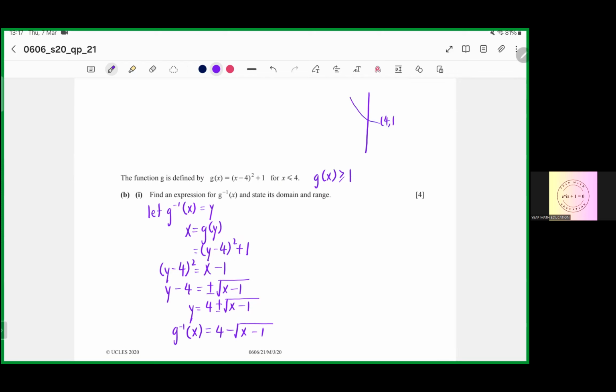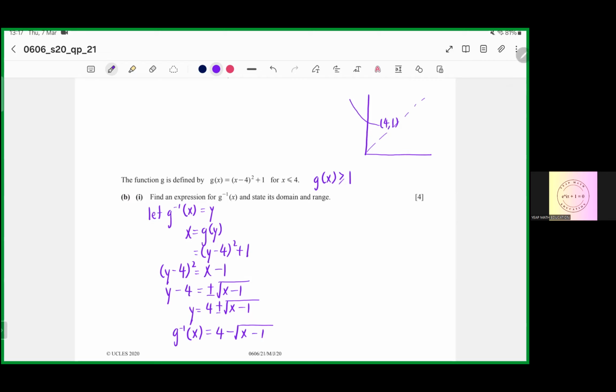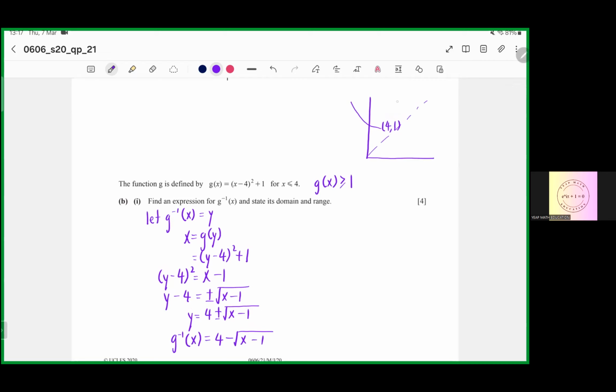Here is (4, 1), and after you reflect it, we get it here.